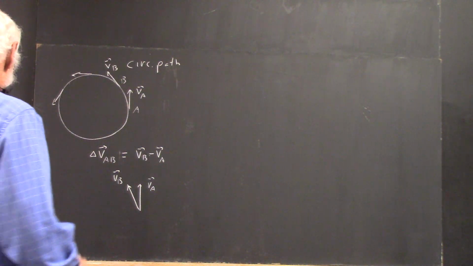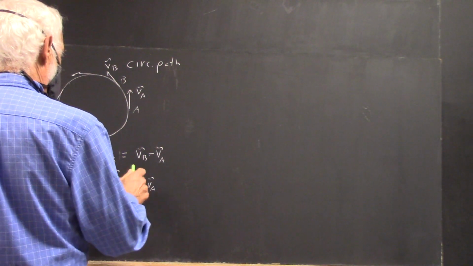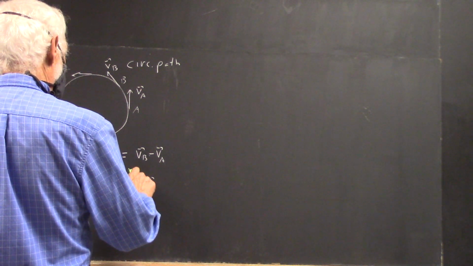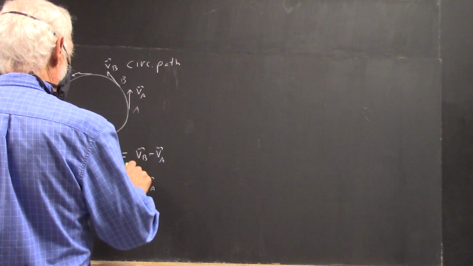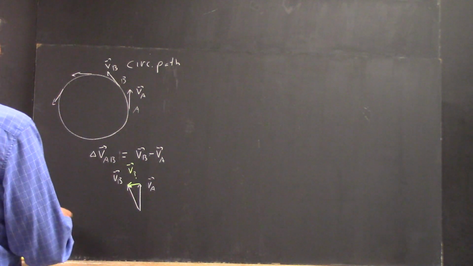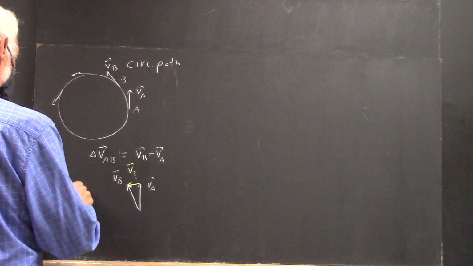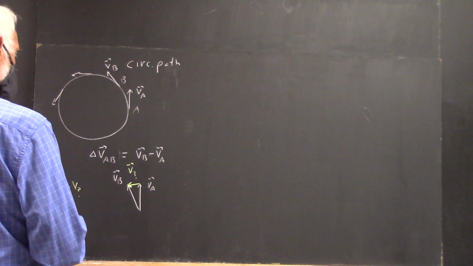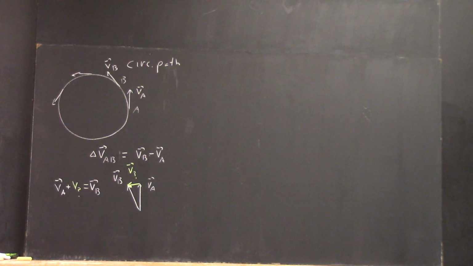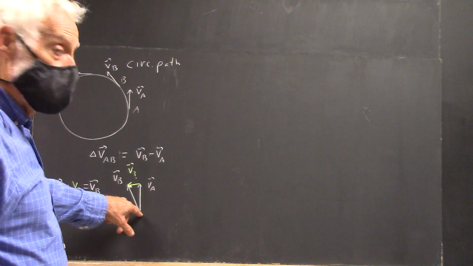Okay, well, this vector we'll call this vector V question mark for the moment, and we'll note that vA plus V question mark equals vB, right? Because of course if you put V question mark head to tail with vA, you get vB.